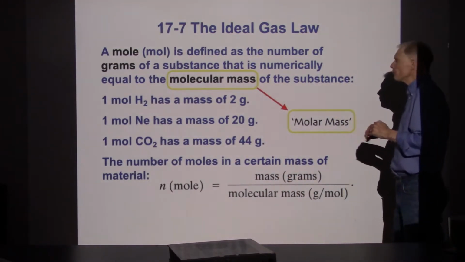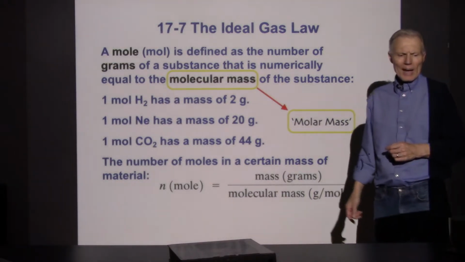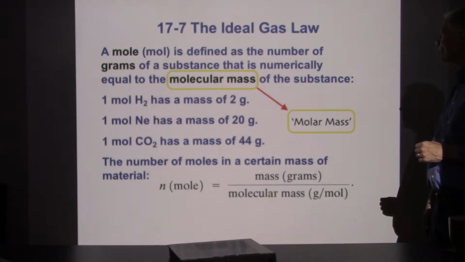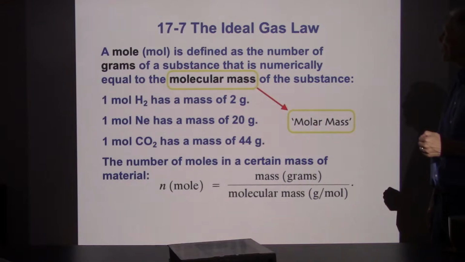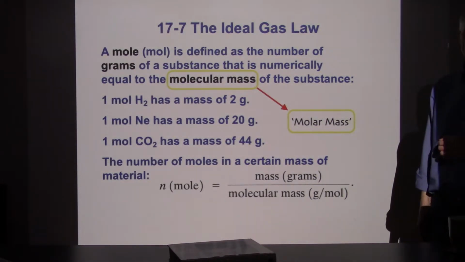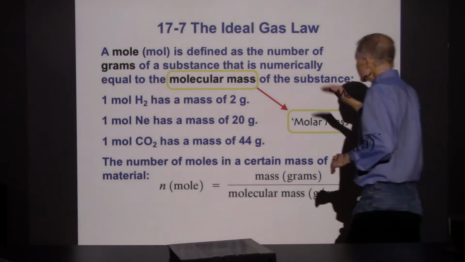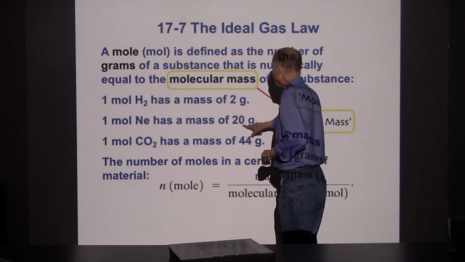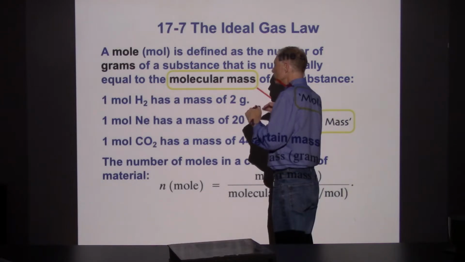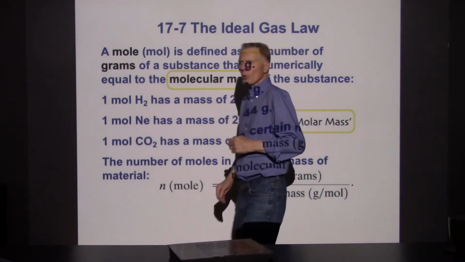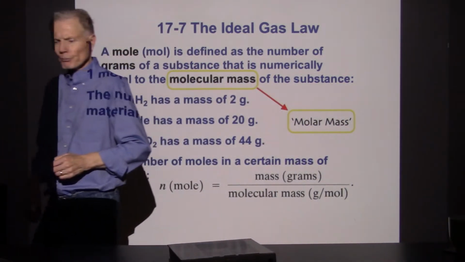If we have 100 grams of neon, how many atoms is that? That's 100 divided by 20, which is 5 moles, and each mole is 6 times 10 to the 23.